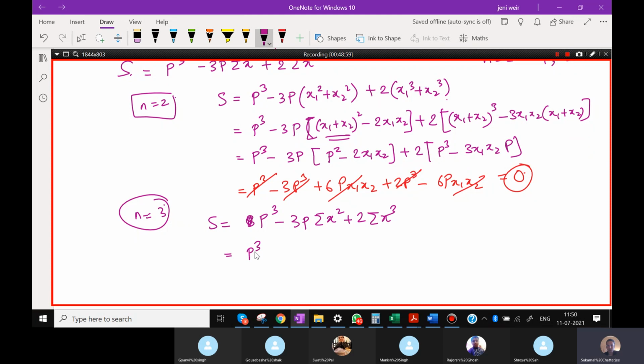So this is p cube minus 3p. Here I have three values, x1, x2, x3.